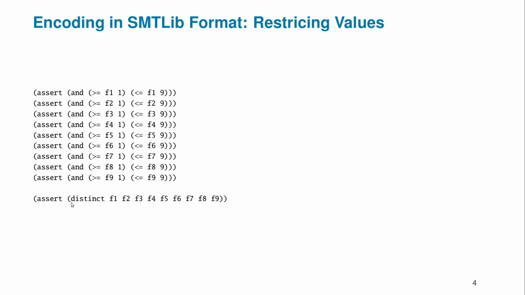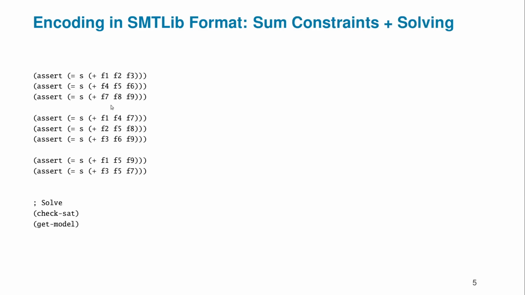Then we also have to say that all of the 9 variables have a distinct value. For this I use the predefined predicate distinct, and assert distinct f1 to f9 is only true if all of the 9 variables have a distinct value. And finally we add the constraints which say that all rows, columns and diagonals lead to the same sum.